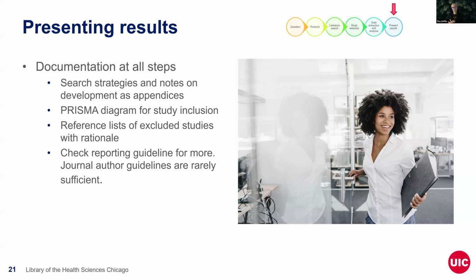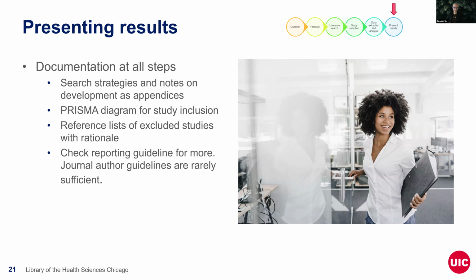It's not strictly necessary, but you should maybe have an idea of where you might want to publish when you're starting this out. At least have 2 or 3 ideas in the beginning and check the author guidelines. They are helpful, but rarely sufficient. Reporting guidelines are more helpful than that.